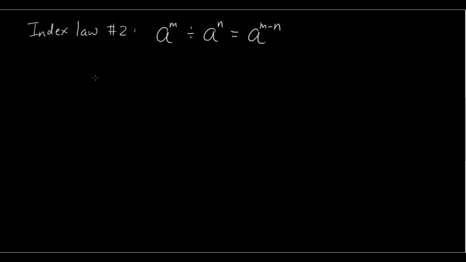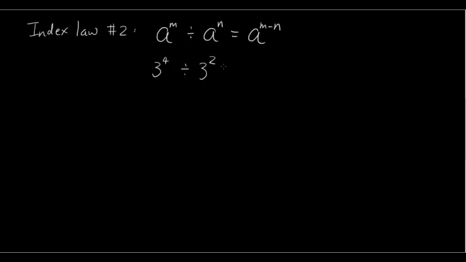And this might sound a little bit hard to understand, but if we use our example again, 3 to the power of 4 divided by, let's say, 3 to the power of 2.